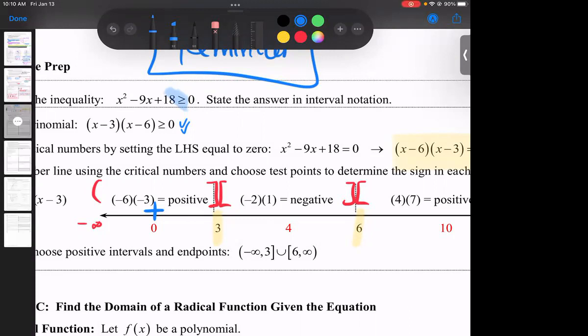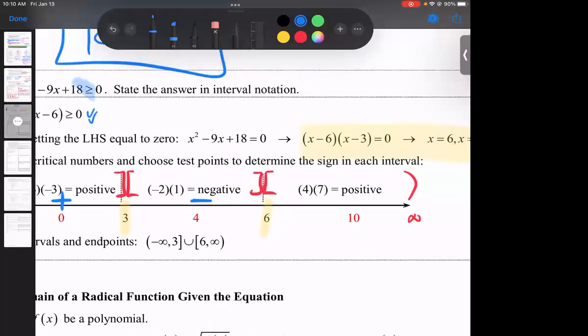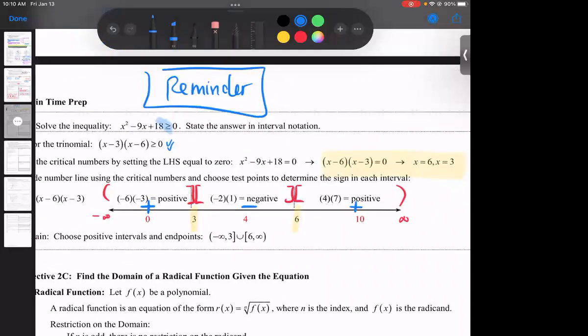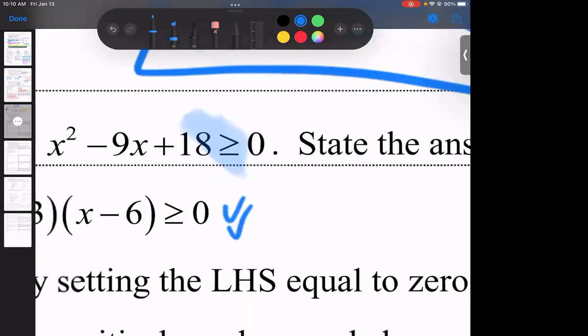So positive times negative is negative. Again, I don't care about the number, I care about the signs. So negative. And when you plug in 10, you can do that math, that's positive. What interval do I want? Do I want positive intervals or do I want negative? Positive because of that, right?